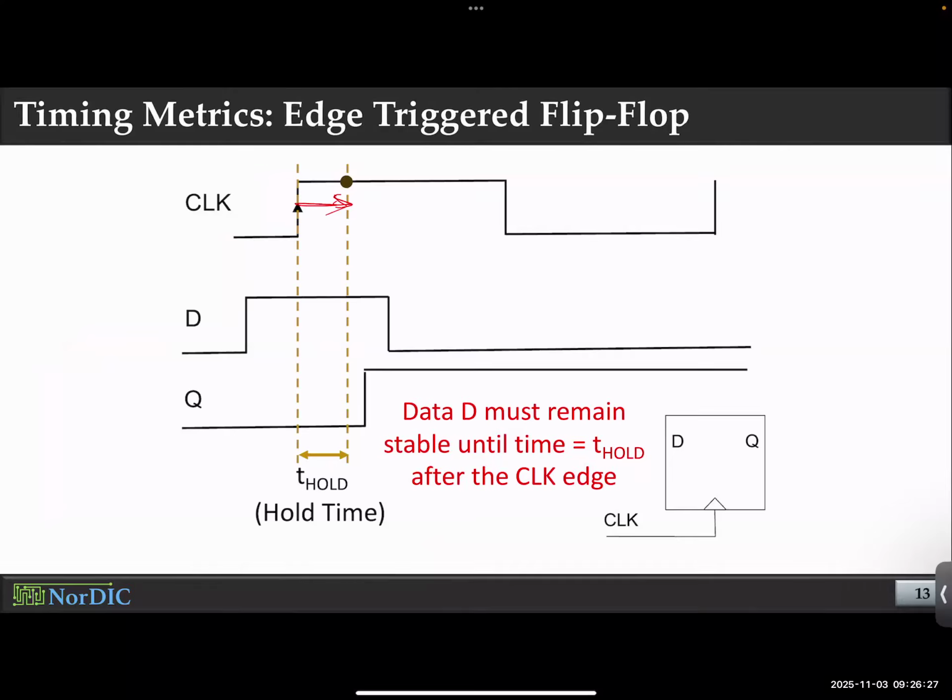So whatever changes appear must appear before the setup time. And once the clock edge appears, the input must be stable. It shouldn't change for at least a certain amount of time.